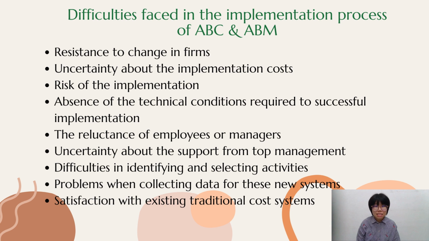They are resistance to change in funds, uncertainty about the implementation cost, the risk of implementation, the extent of the technical condition required for successful implementation, the reluctance of employees or managers, uncertainty about the support from top management, difficulties in identifying and selecting activities, problems when collecting data for this new system, and satisfaction with the existing traditional cost system, keeping the state of an organization to implement ABC and ABM in their costing system.